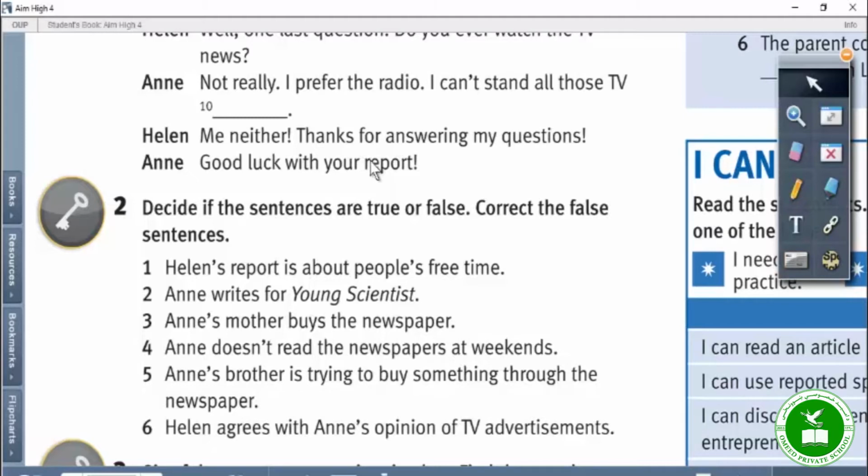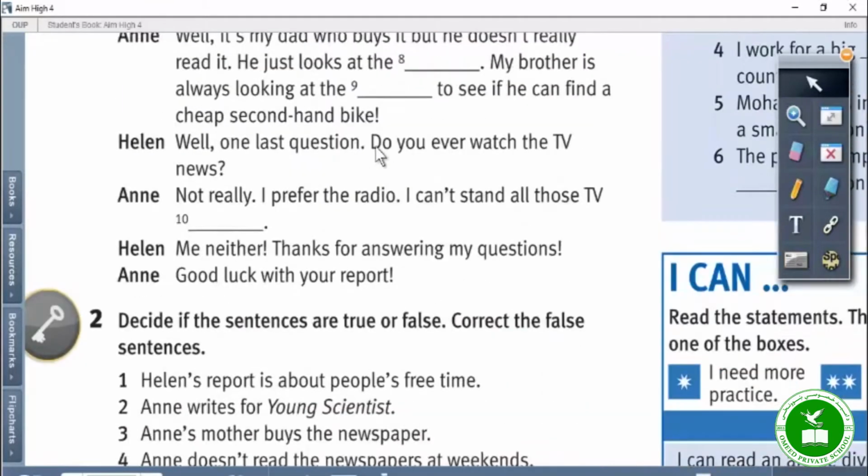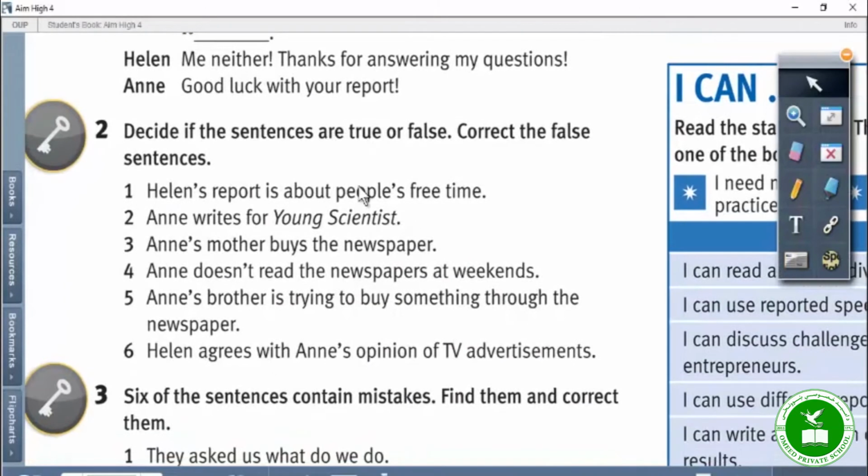Example number 1. Helene's report is about people's free time. What do you think? Is it about people's free time or no? Let's check in here. Do you mind if I ask you a few questions about what you read in your free time? It's not about just free time. It's about what he reads in his free time. So this sentence is wrong.